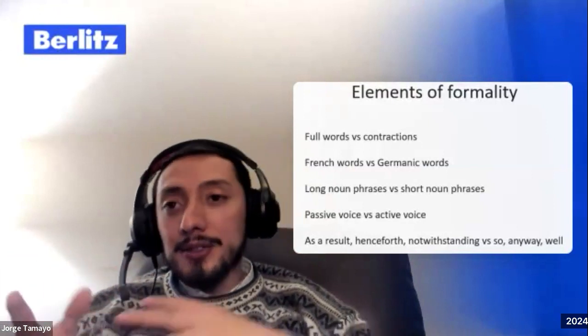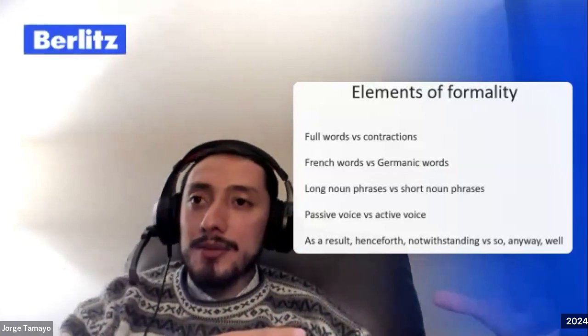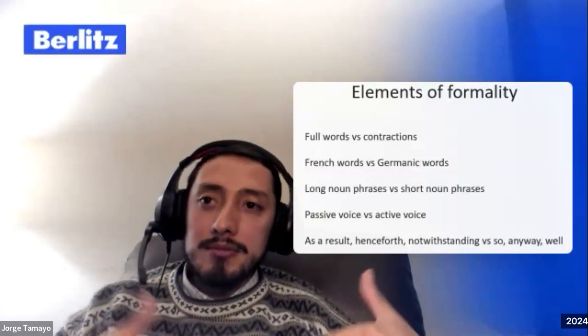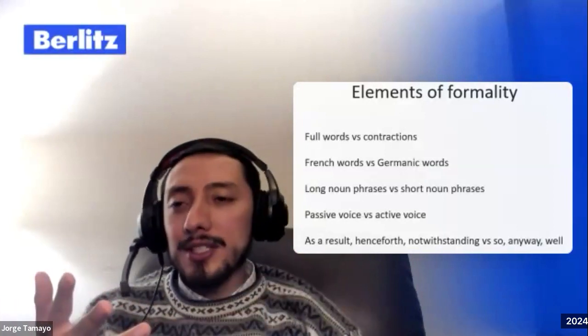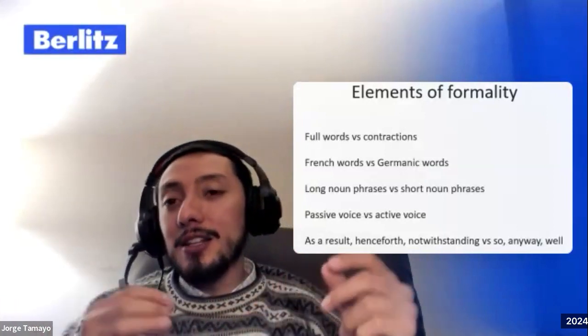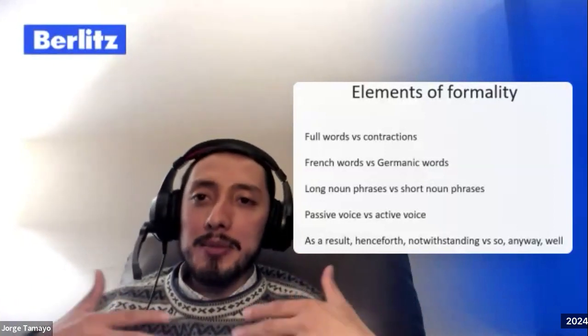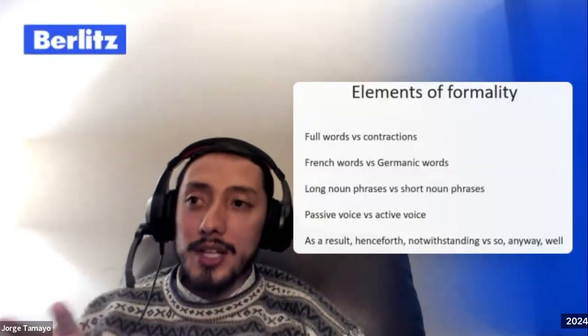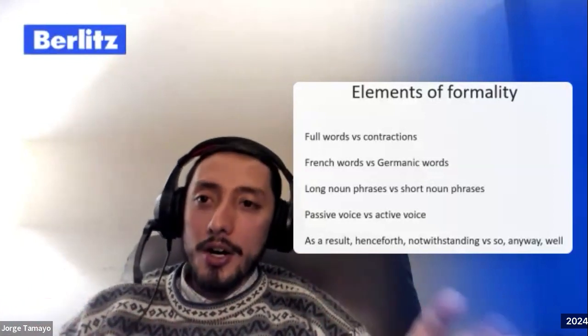If, on the other hand, you're presenting to an adhocracy kind of organization, then you want to be informal. Use contractions, Germanic words, phrasal verbs, short noun phrases, active voice, and a lot of short connectors. That's how you can do it. And that's how I'm sure you'll be able to adapt the language of your presentation to your audience.